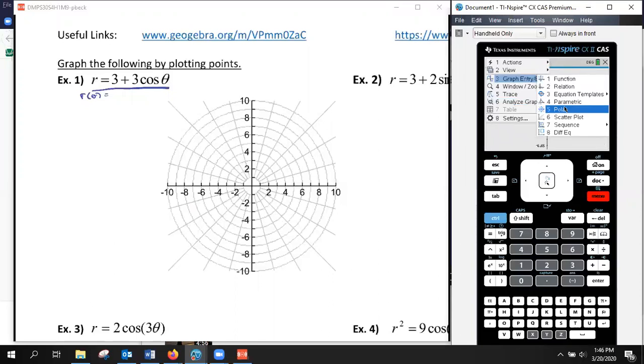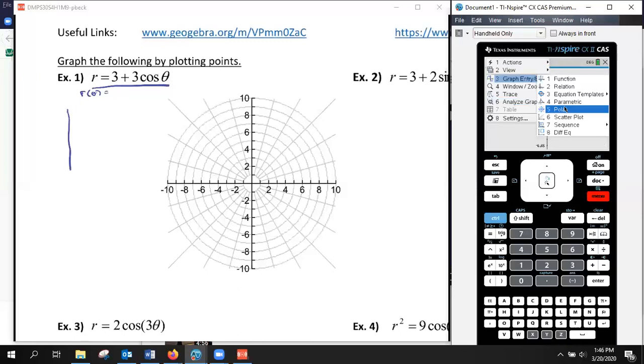So when I have R equals 3 plus 3 cosine of theta, what I typically like to do to graph this is to establish what theta is. With cosine, I like to come up with values of cosine. They're very easy to graph. So when theta equals 0, cosine of 0 is 1, so this is really 3 plus 3, at the angle 0.